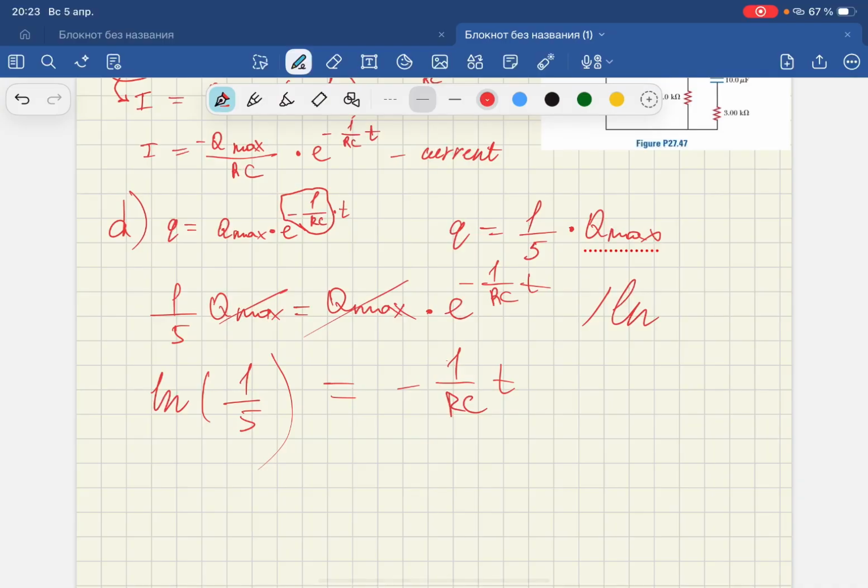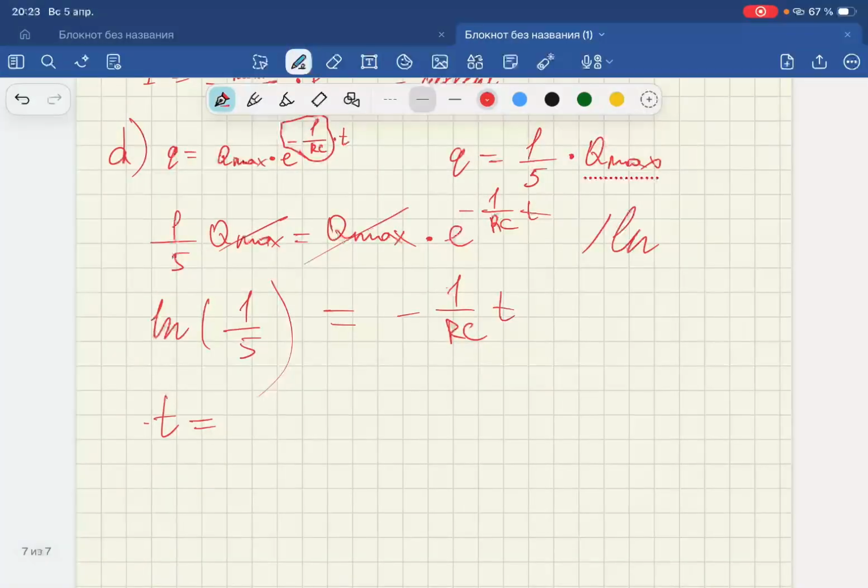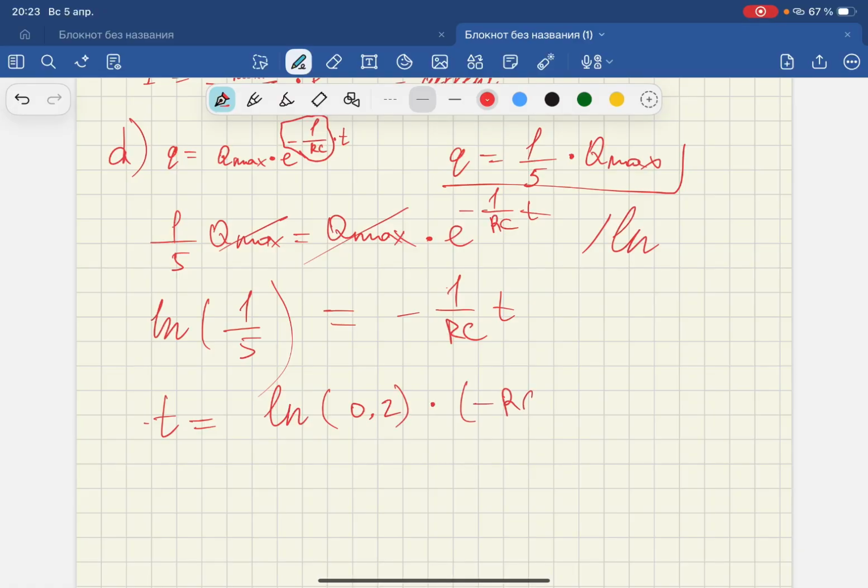From here we can find the time, which is our final time that gives us that charge. Time equals ln 0.2 times minus RC.